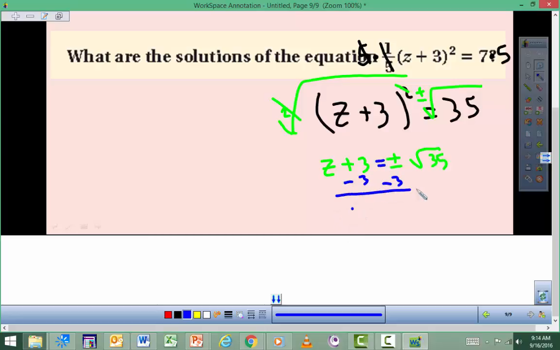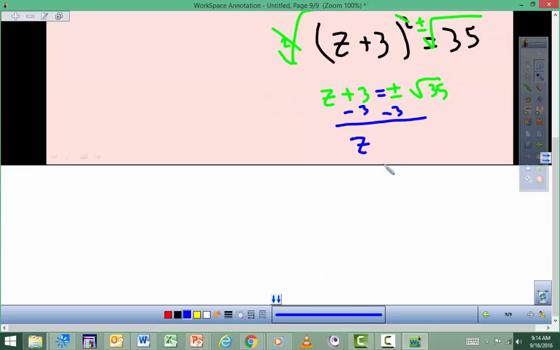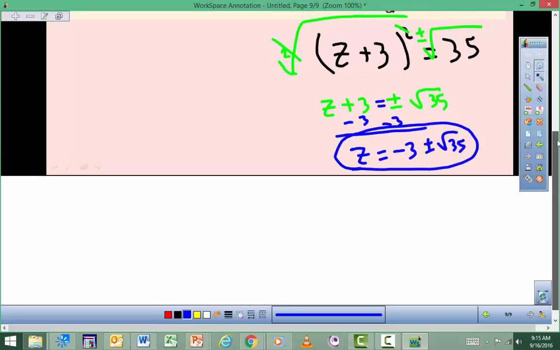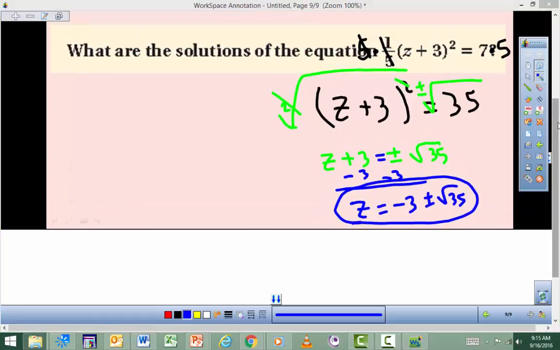And so this gives me z is equal to negative 3 plus or minus square root 35. All right. Let me just do this. You can see the whole process. Okay, let me just look on your study guide and see if you have one of these on your study guide.